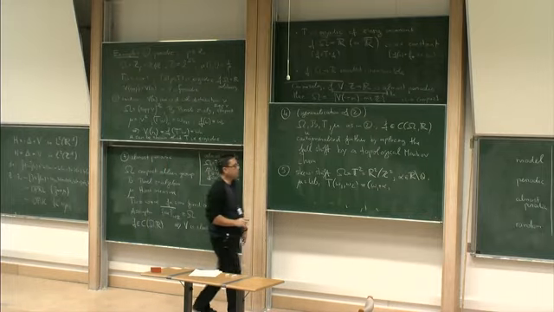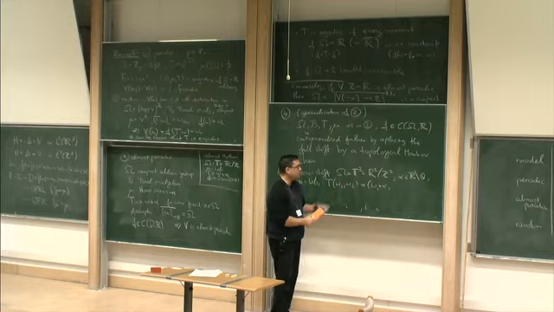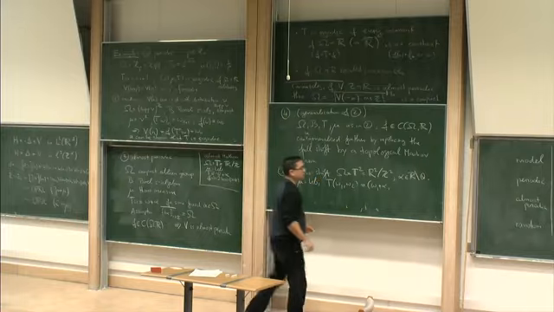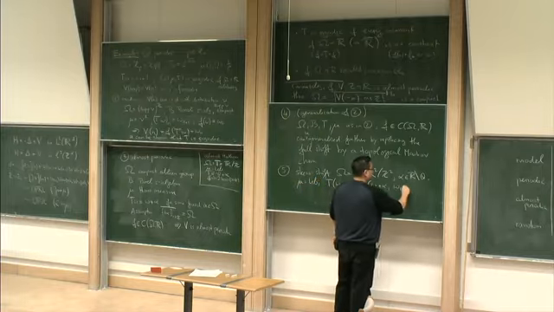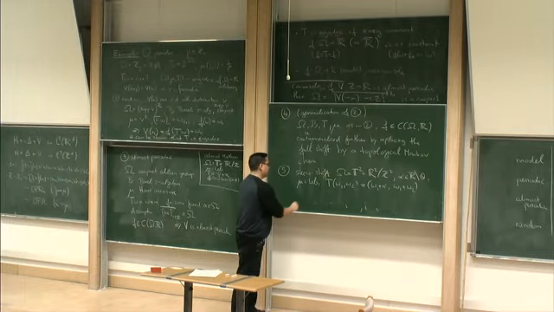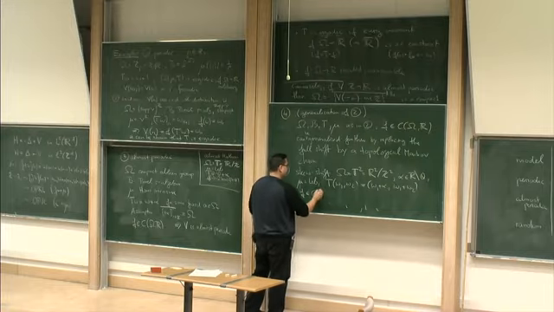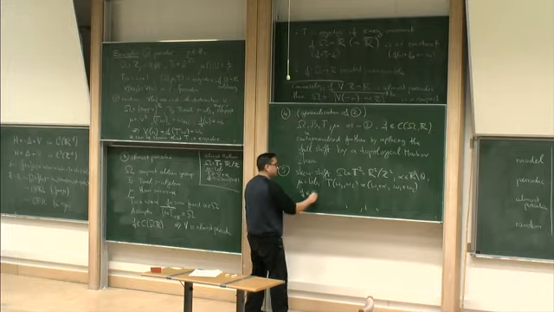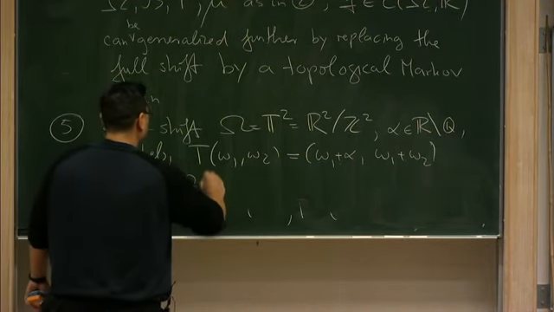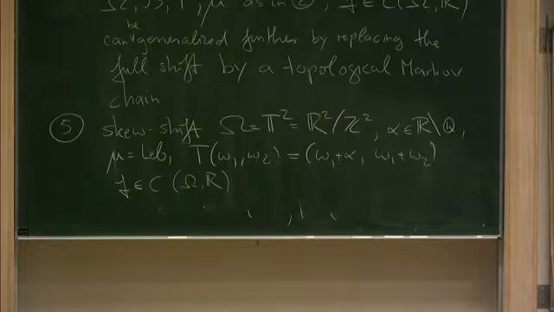The second component actually depends on what the first component does, and that's why it's a skew product, or sometimes called skew shift. And so you take omega 1 plus omega 2. Okay, and then you take F as usual, some function on omega.